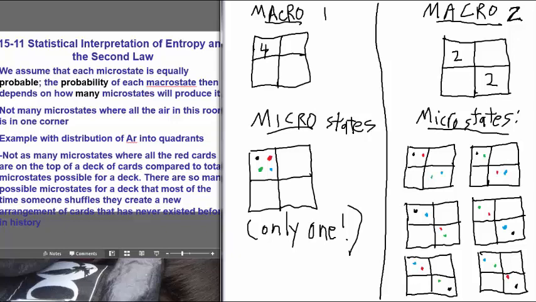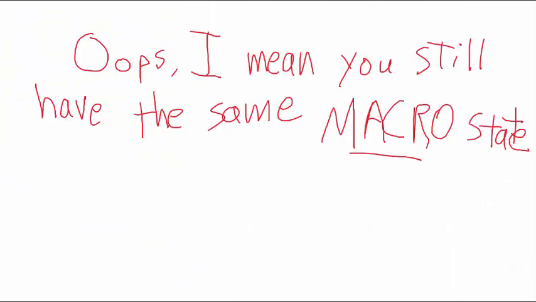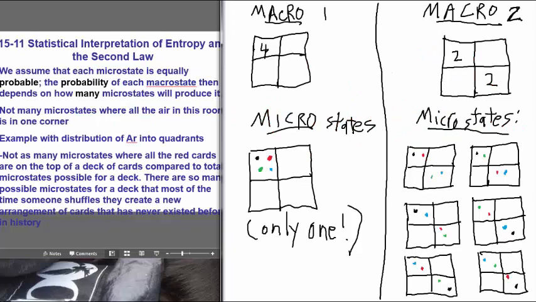But it is more likely that you'll find 2 molecules in one quadrant and 2 molecules in another, because there's lots of different ways this could happen, kind of like there's lots of different ways you can roll a 7. You could have the black and the red one in the upper left quadrant and the other 2 down below, or you could trade out the blue one for the red one, and you'd still have the same macrostate with 2 atoms in each of those 2 quadrants.